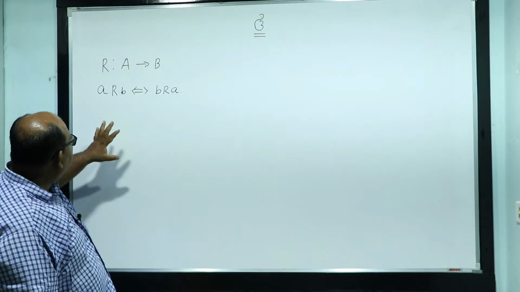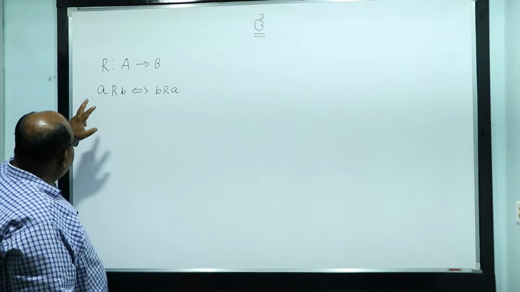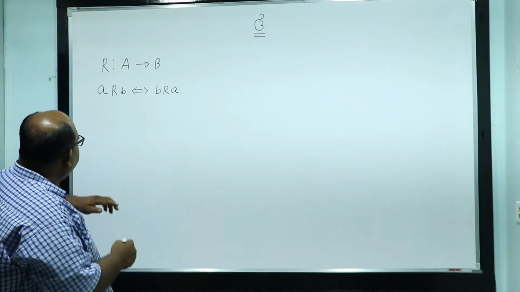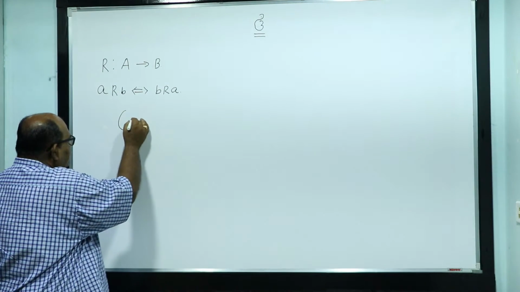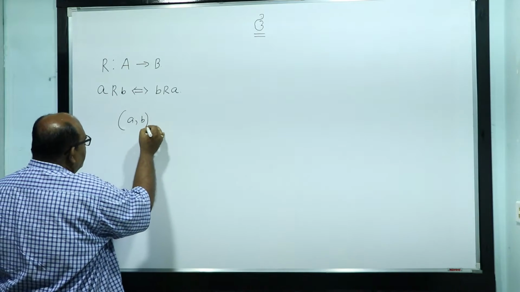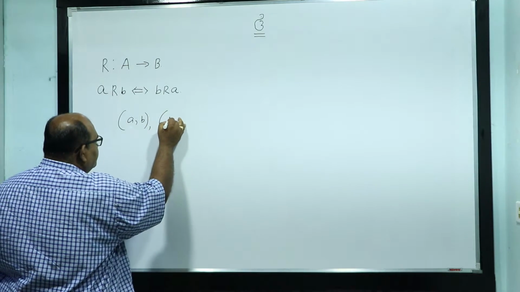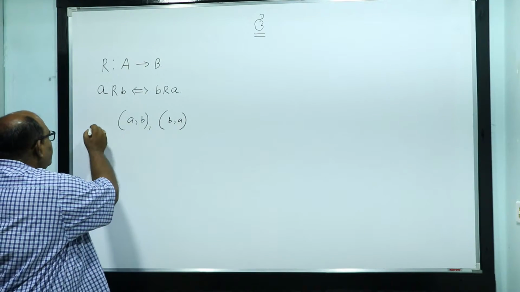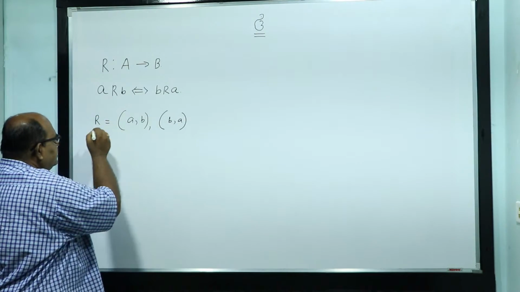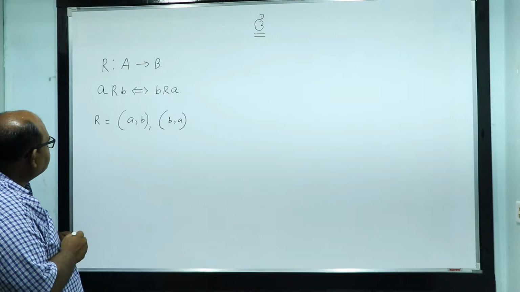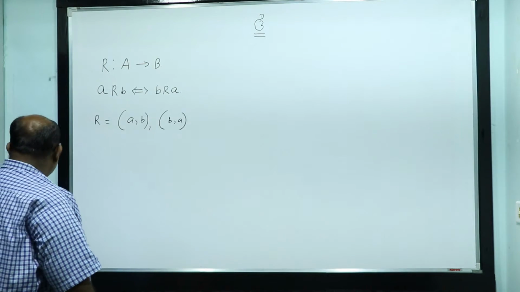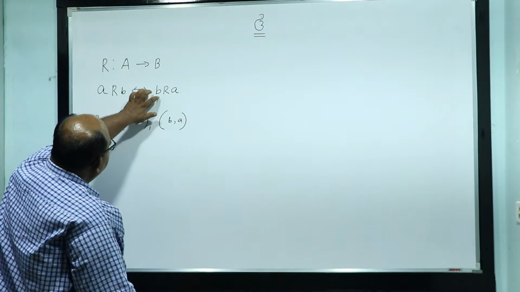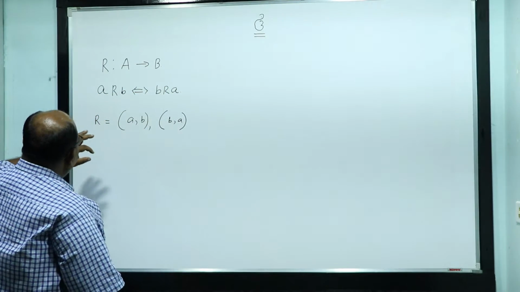Okay students, it means if inside the relation the ordered pair (a, b) is present, then it will be symmetric if the ordered pair (b, a) is also present. This is the condition for symmetric relation.